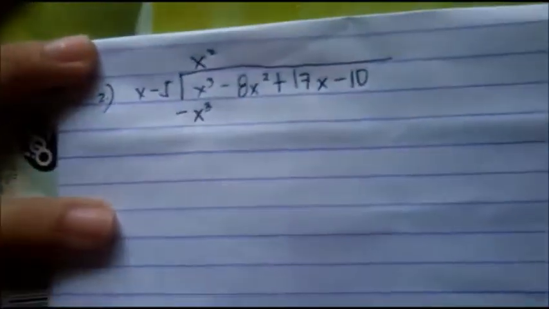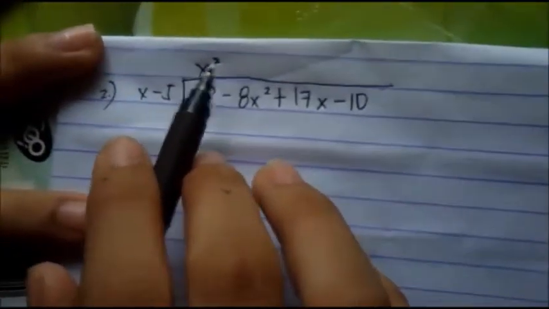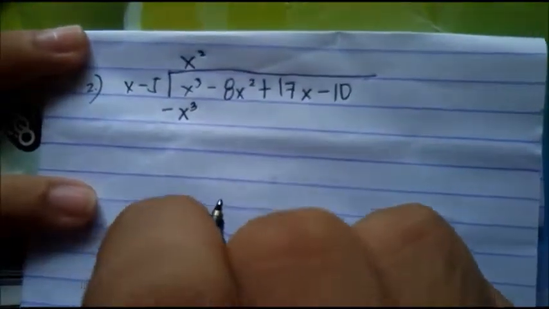Then, change the sign to negative. Then, x squared times negative 5 equals negative 5x squared. So, change the sign. It becomes positive 5x squared. Then, add them.